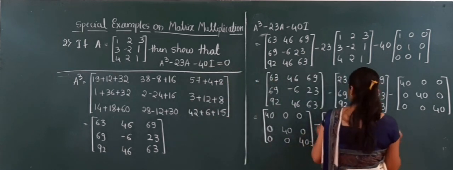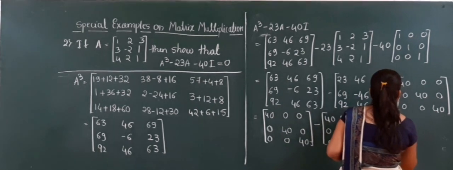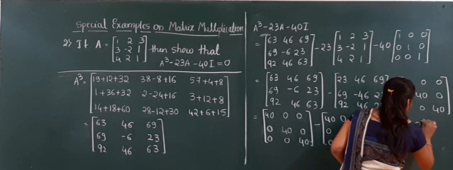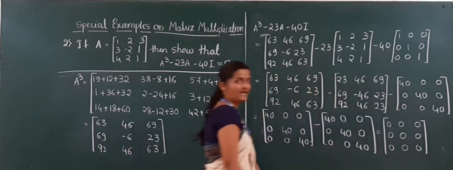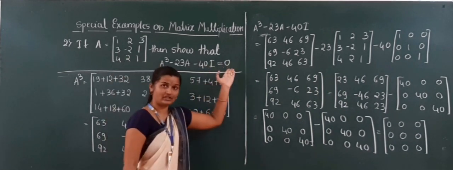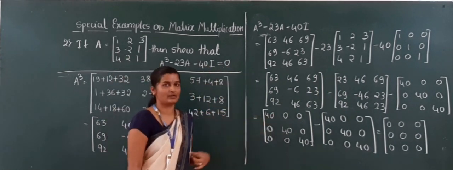We will get 4 minus 4, 0. All are zeros, so we will get a 0 matrix. But you may have the doubt that they have given to prove 0 and here they have given the 0 matrix.